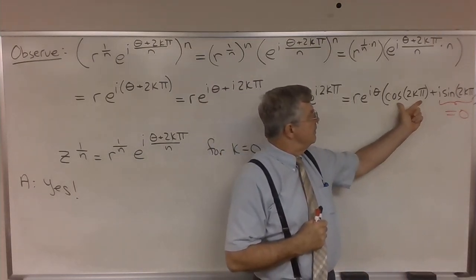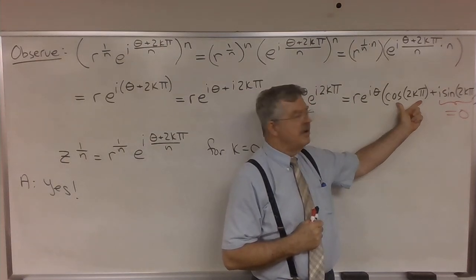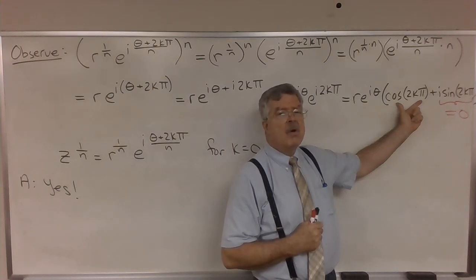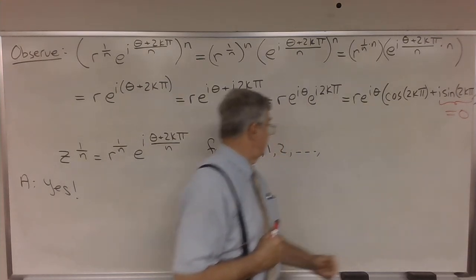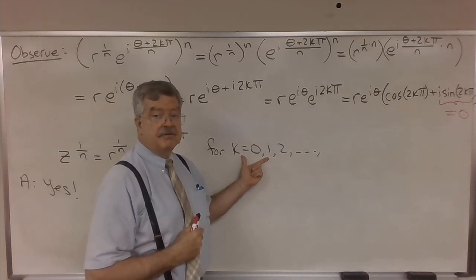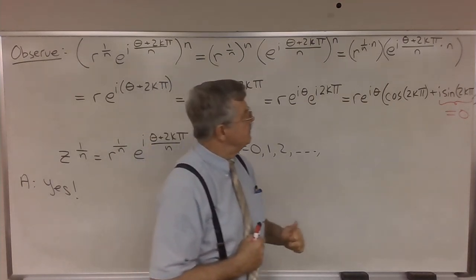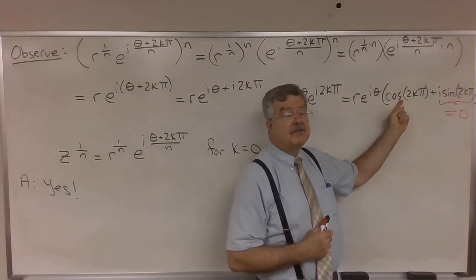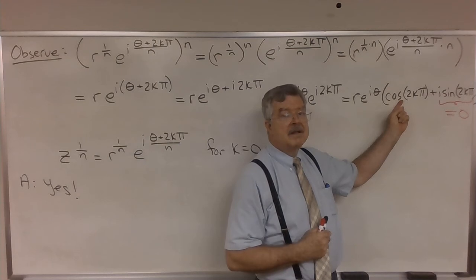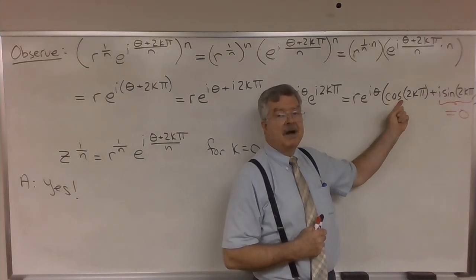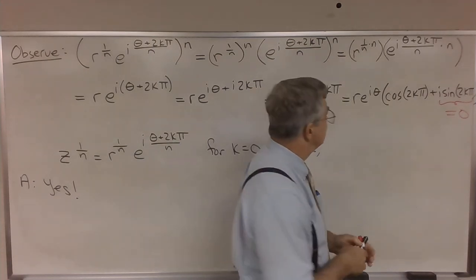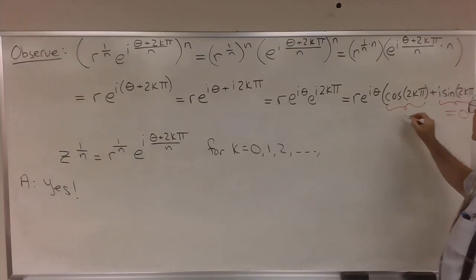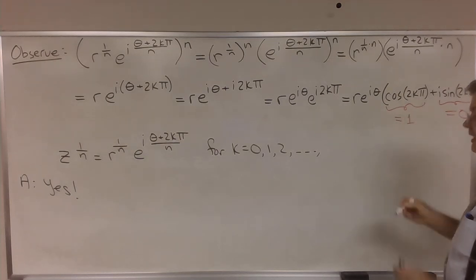And cosine of 2k pi for all whole number values of k, let's see, cosine of 0 is 1. Cosine of 2 pi is 1. Cosine of 2 times 2 pi is 1. For all whole numbers k, cosine of 2k pi is equal to 1.